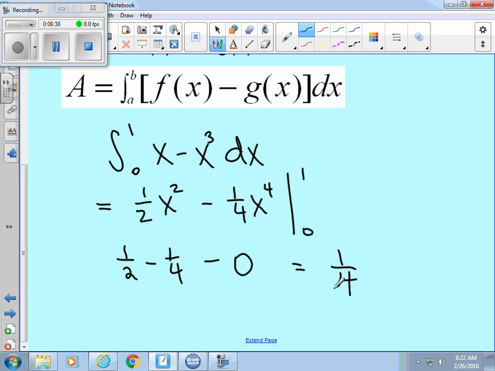Any questions? Are stuff like this going to be in an open response task, or is it going to be in both? Could be either place, which I would say is the way for most of the problems you've seen. They could make them multiple choice or open response. There is usually always at least one area or volume problem on the AB exam.